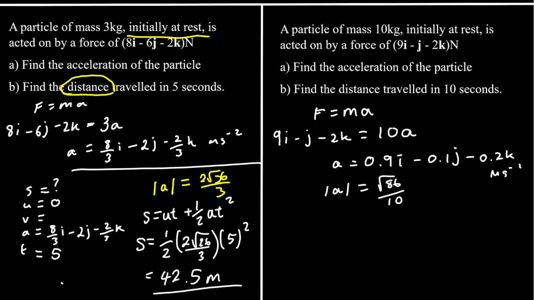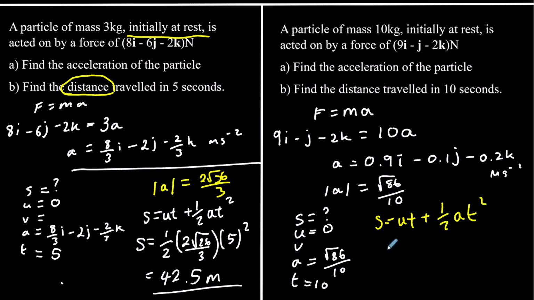And then we're going to do SUVAT again. So we want to know the distance. We don't know the final velocity, but we know acceleration and we know time. So again, s equals ut plus half at squared. u times t, 0 times 10 is 0.